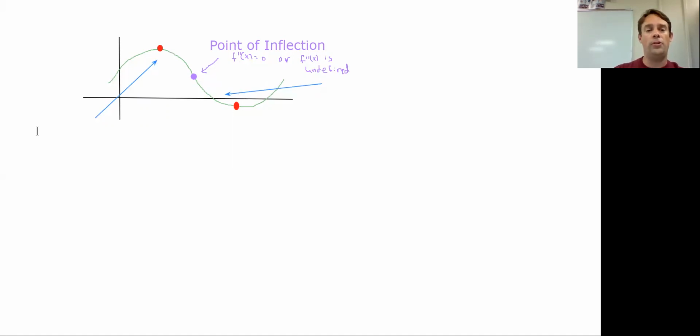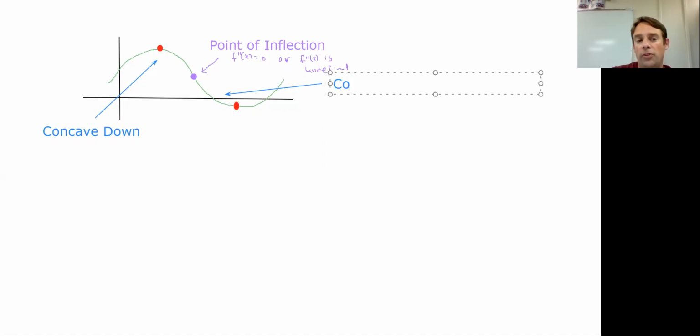If it's opening down, we say it is concave down. Concavity means opening. So instead of opening up, we say concave up. Instead of opening down, we say concave down. So this is concave down. This is what the concavity looks like. This one right here, since it opens up, we'd say it is concave up.